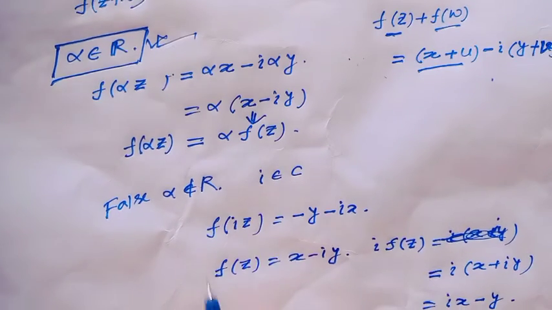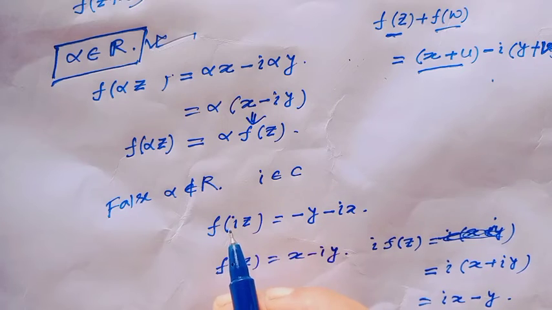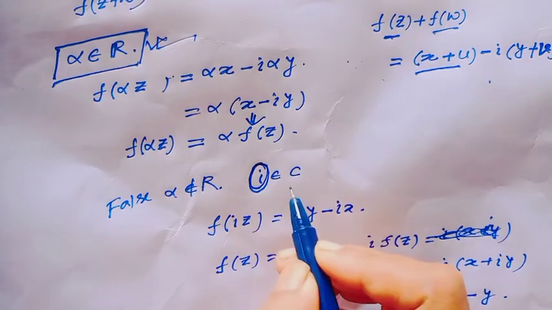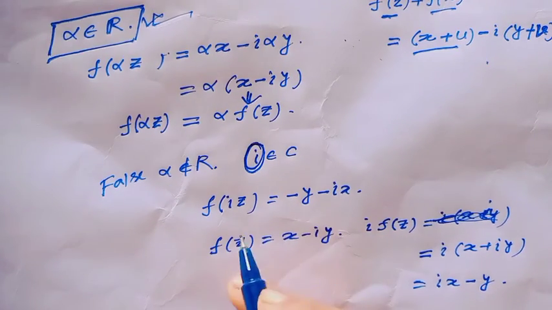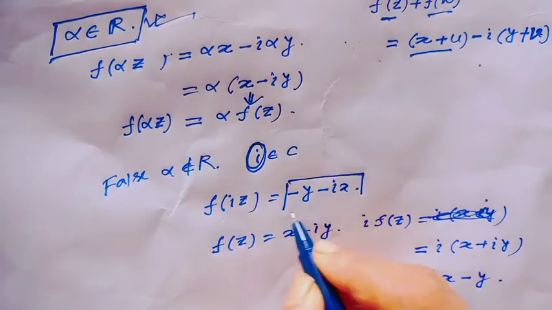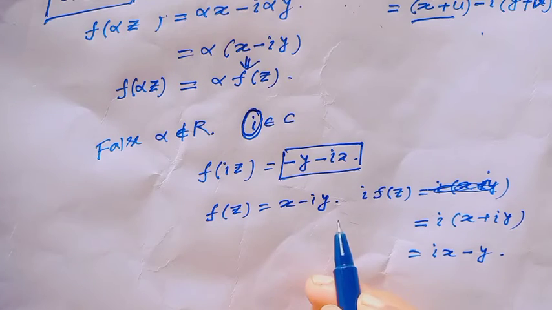But now I will consider alpha not belonging to the real numbers. Since alpha belongs to C, we can consider i as alpha. Then f of iz is obviously minus y minus ix, and f of z equals x minus iy.